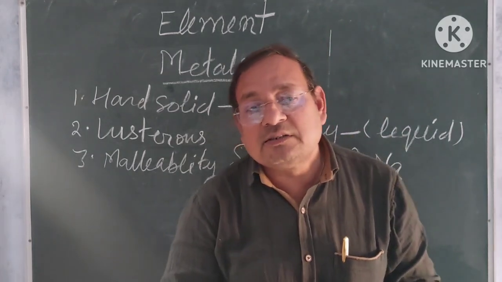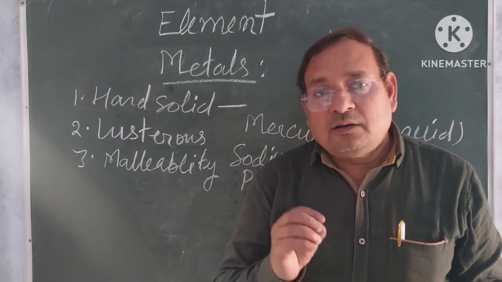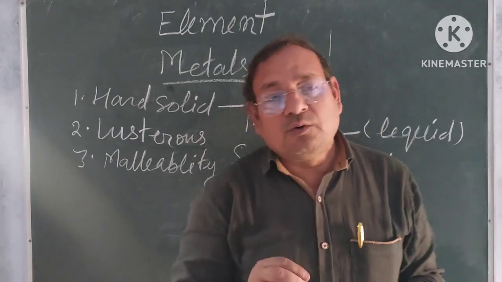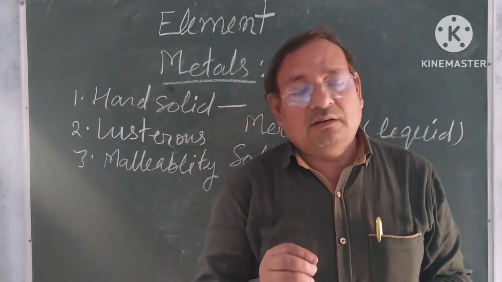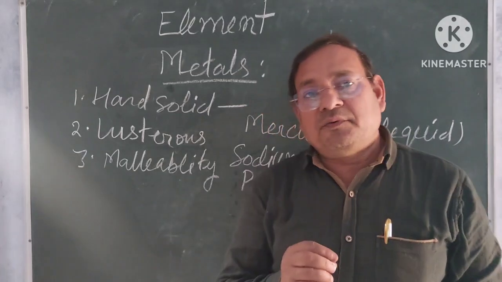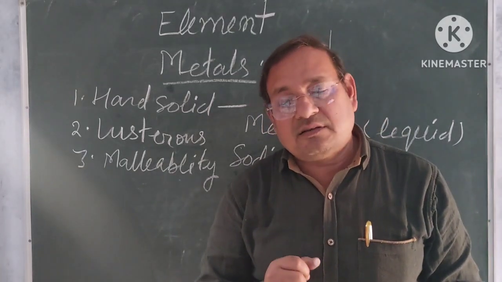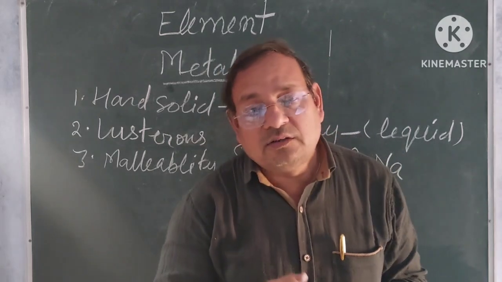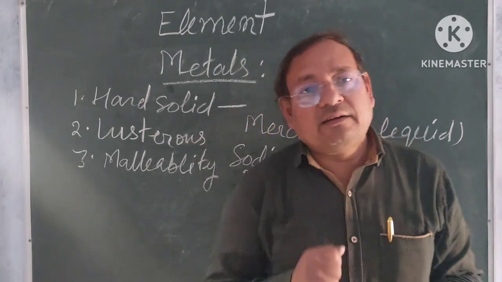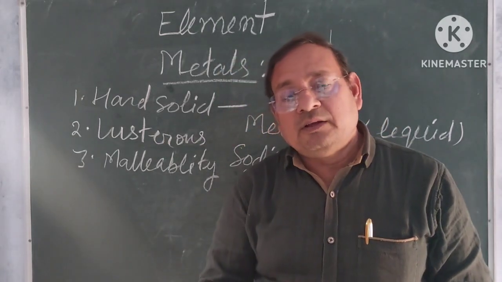My dear students, some of you know some examples of malleable metals, just like gold, silver, iron, aluminum.